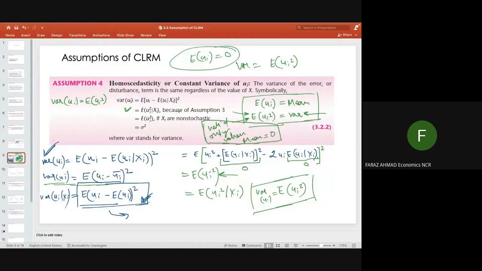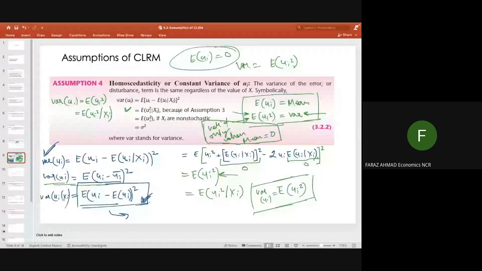And it doesn't make any difference if you are talking about conditional variance. You can simply add the condition given xi, right? Of course, the mean is not zero. Actually, it is the conditional mean that is zero, right?